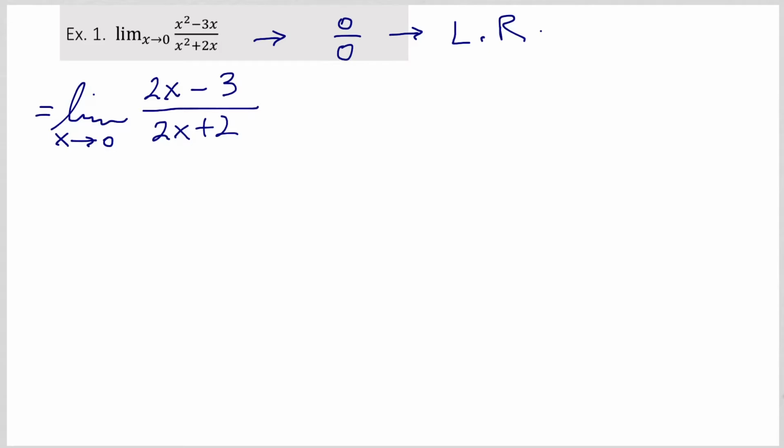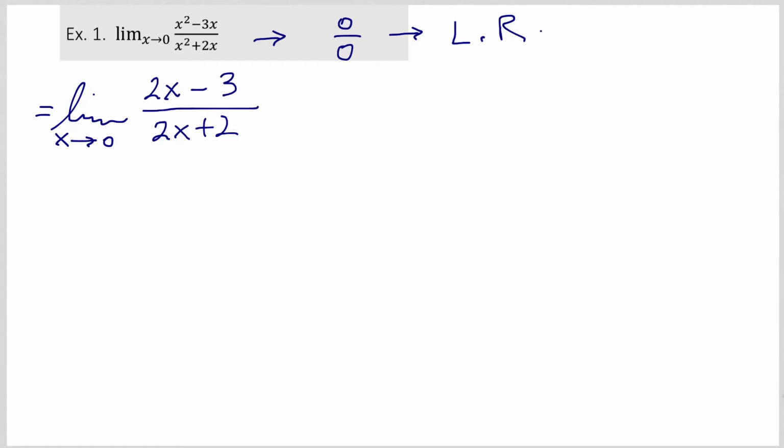You have to be very careful that you're not taking the derivative of this as one function like you would in a quotient rule problem. You treat this as a separate function and this as a separate function, and you write the first derivative of this on the top and the first derivative of this on the bottom. So it's a very different thing that we're doing here. This is not the quotient rule.